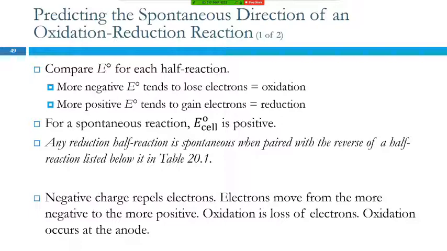Predicting the spontaneous direction of a reaction. What we're going to do is look at the standard potential for each half reaction. The more negative one will tend to lose electrons. Losing electrons is oxidation. The more positive one tends to gain electrons, that's reduction. For this to be spontaneous, the cell potential has to be positive.